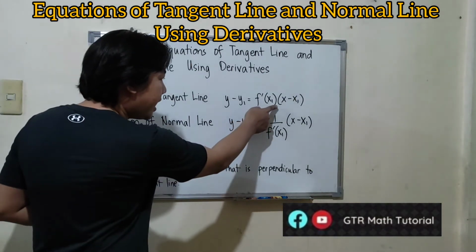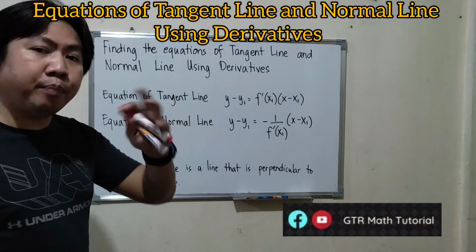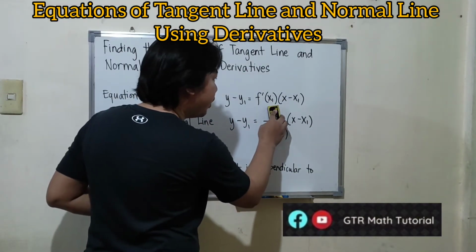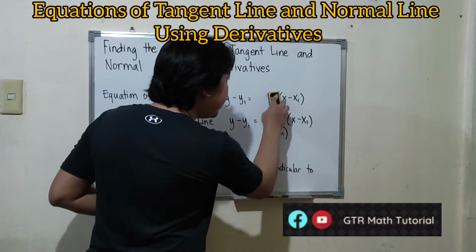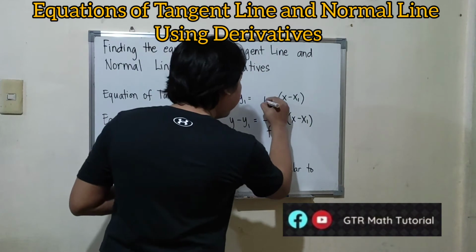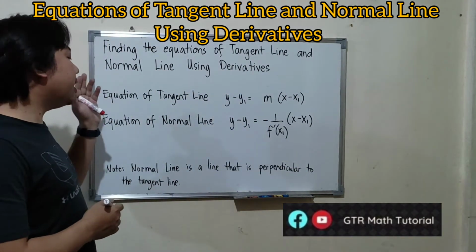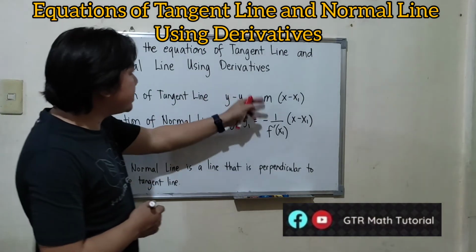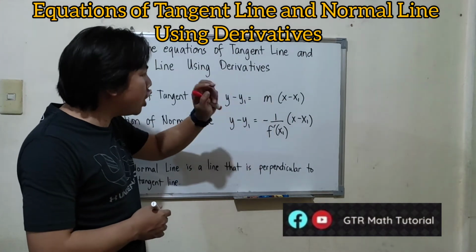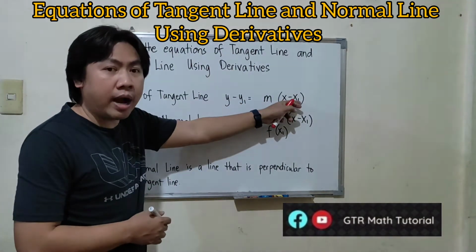So this is the slope. Recall our point slope form: y minus y sub 1 equals m times x minus x sub 1. But since we define the derivative as the slope of the tangent line, we can solve the value of m by finding the derivative at the point x sub 1.